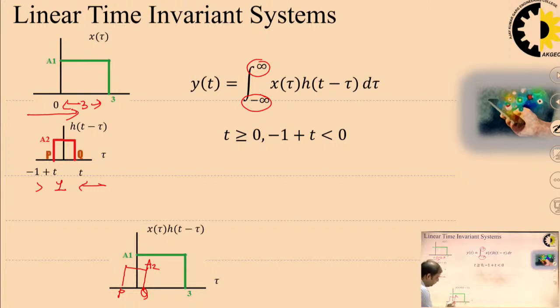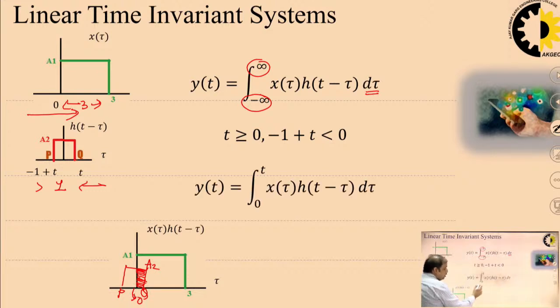In that case, you can understand from the plot, if I have to evaluate this integral, since this signal starts at 0 only, the overlapping is this. If this is the overlapping, the integration will start at tau equal to 0, because the independent variable of integration is tau.